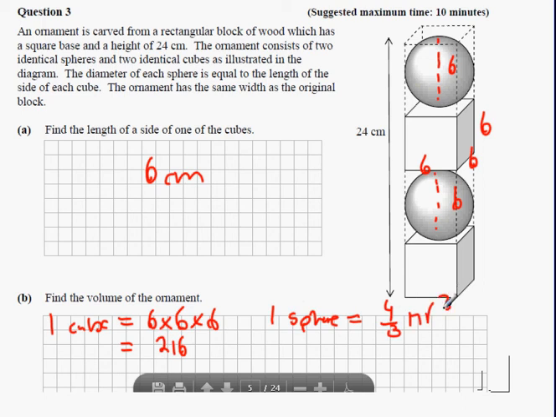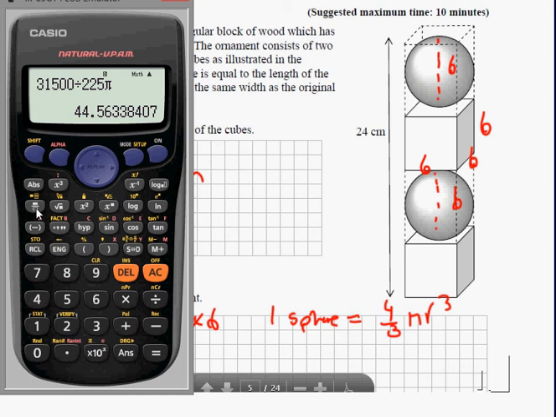Put that into the calculator. 4/3 multiplied by pi multiplied by 6 cubed. Is it not 3? Sorry, you're right, it's 3. Reason being is the diameter is 6, which makes the radius 3. You're right, it is 3.